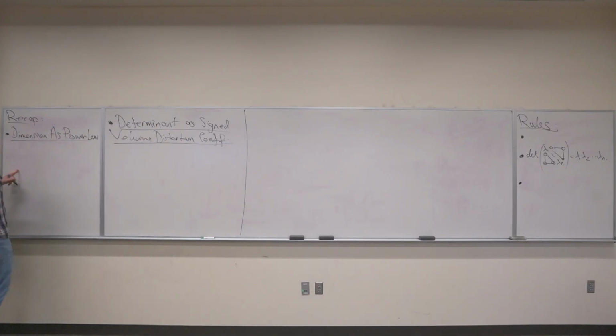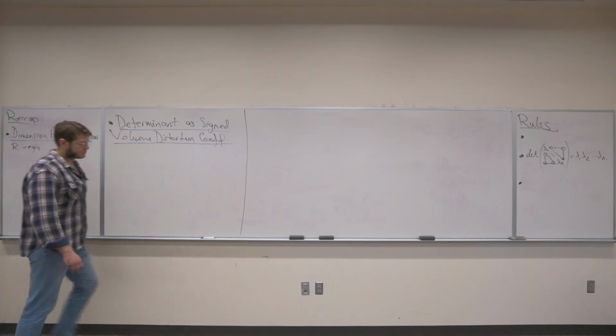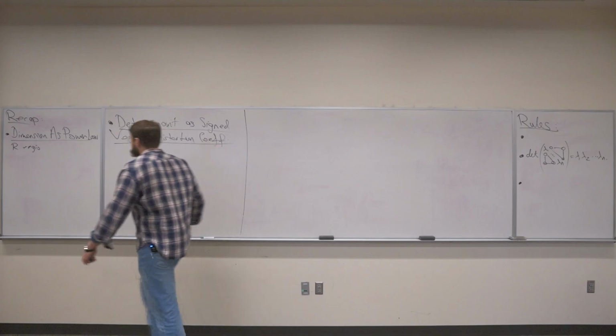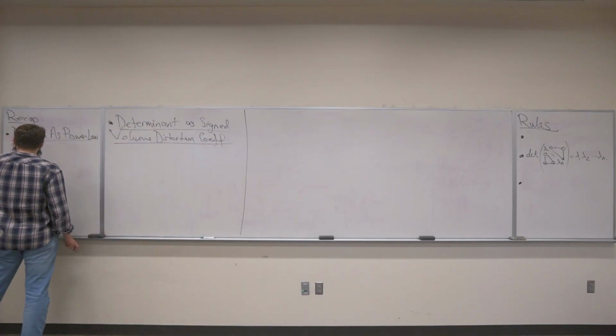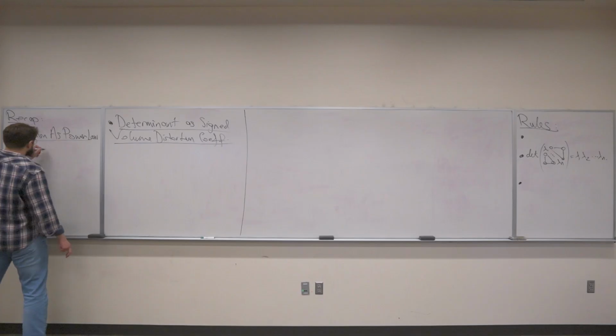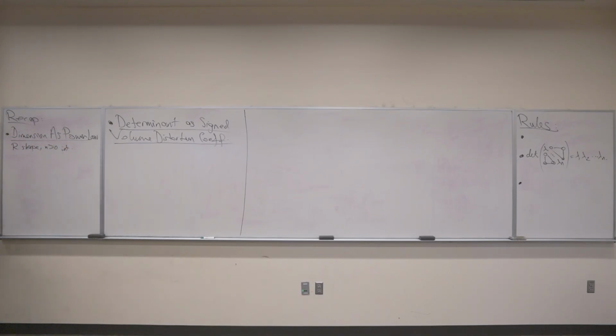This whole idea of dimension as a power law was this idea that, well, you take a region, a shape, let's say a shape, doesn't really matter what the shape is. And I take a positive integer, n, okay?